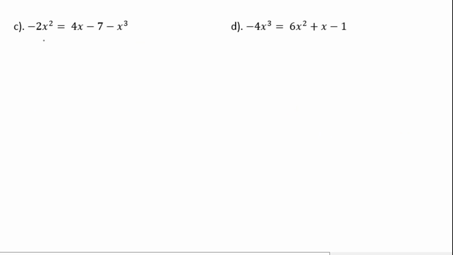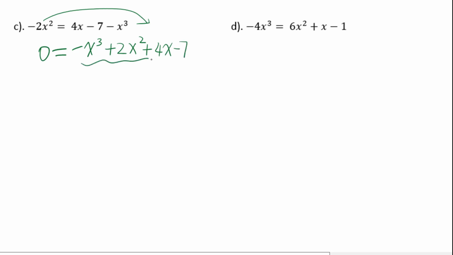Let's go to B. -2x squared equals 4x minus 7 minus x to the third power. First step, we need to get equals 0 form. We can move -2x squared to the right side. So we have -x third power plus 2x squared plus 4x minus 7.